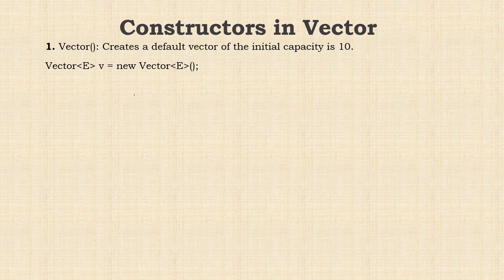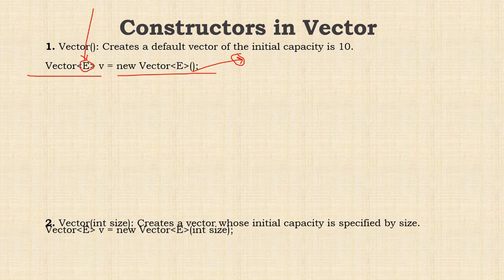Like this we can create the vector instance, and this will be of type E. Here we can provide a String, Integer, Double, according to your requirement. So the vector size will be 10, and it will be increased if the threshold is fulfilled.